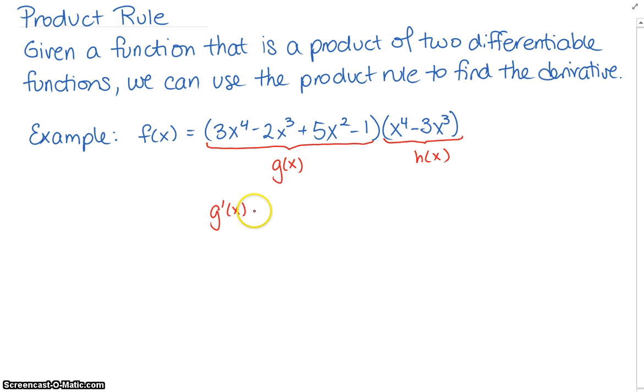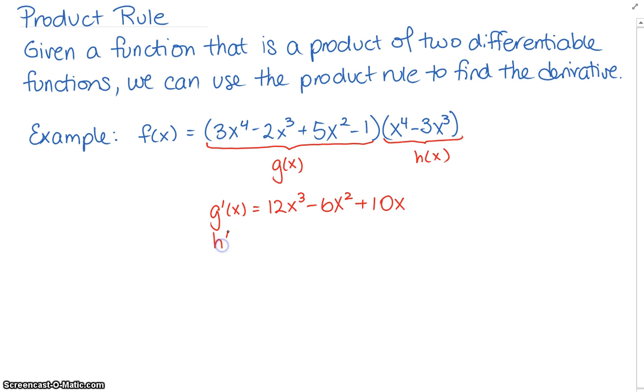Derivative of g of x, and again we can use our power rules for this: 12x cubed, so 4 times your 3, and then 4 minus 1, so you go down by 1, minus 6x squared, again 2 times your 3, and then your 3 goes down a degree, plus 10x, again 2 times 5, 2 minus 1, and the constant disappears.